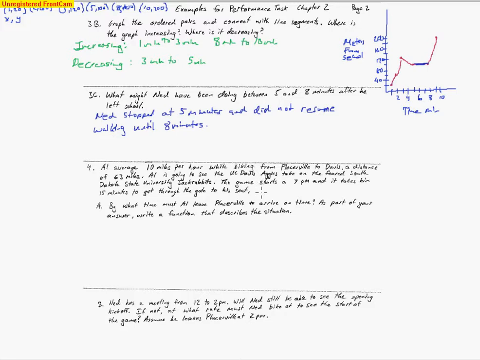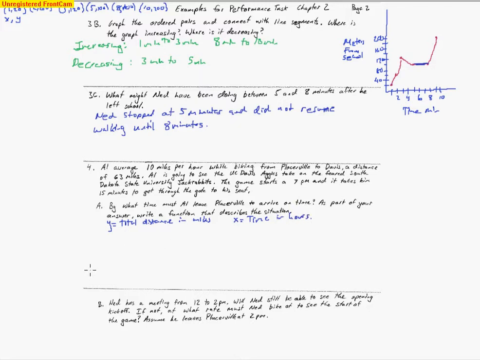What we're going to do is set up an equation, because that's what they ask us to do. Let's define our variables. I'm going to say that y equals the total distance in miles. It's always nice to define your variables so you know what they mean when you're trying to solve for something. And x is the time in hours.